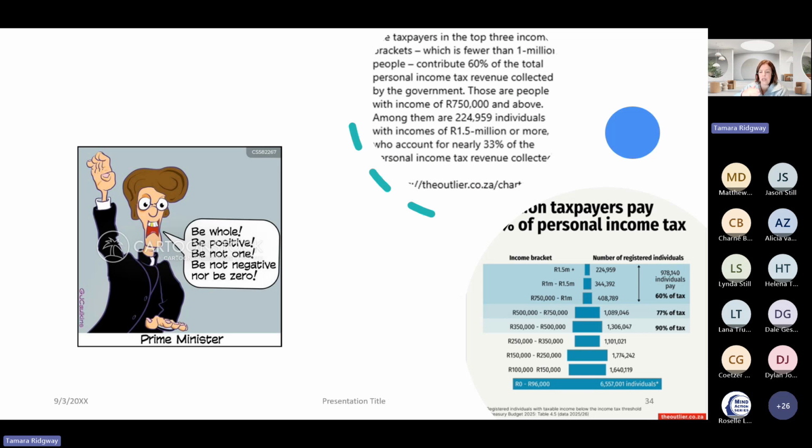And again, I'm happy to send the links for all of this, because I think it's stunning that they see that 60% of the total income tax revenue is from less than 1 million people in South Africa.